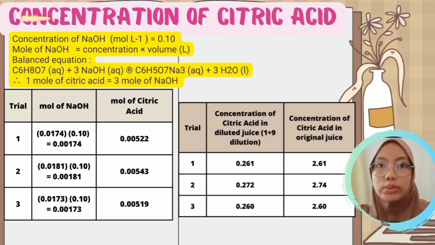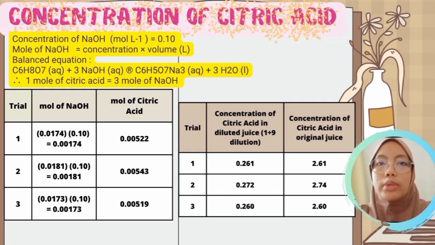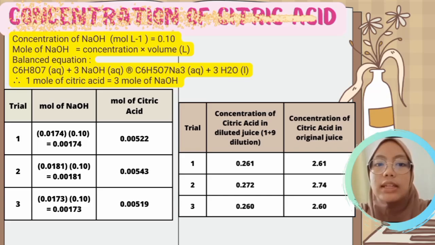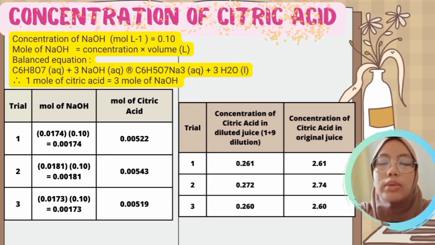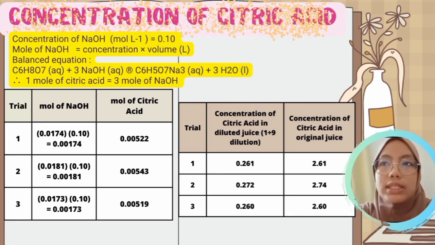In trial 2, 0.00181 mole of NaOH equals 0.00543 mole of citric acid. The last trial, 0.00173 mole of NaOH equals 0.00519 mole of citric acid.